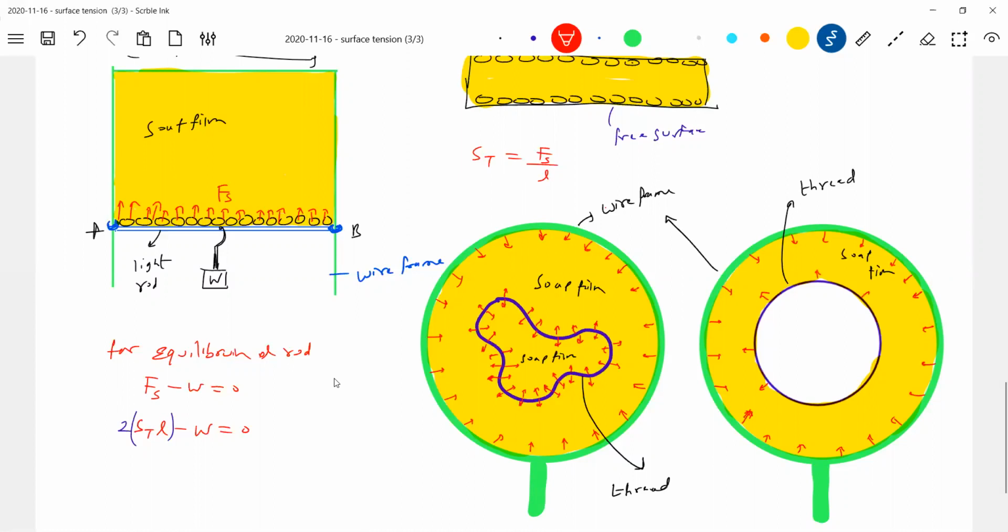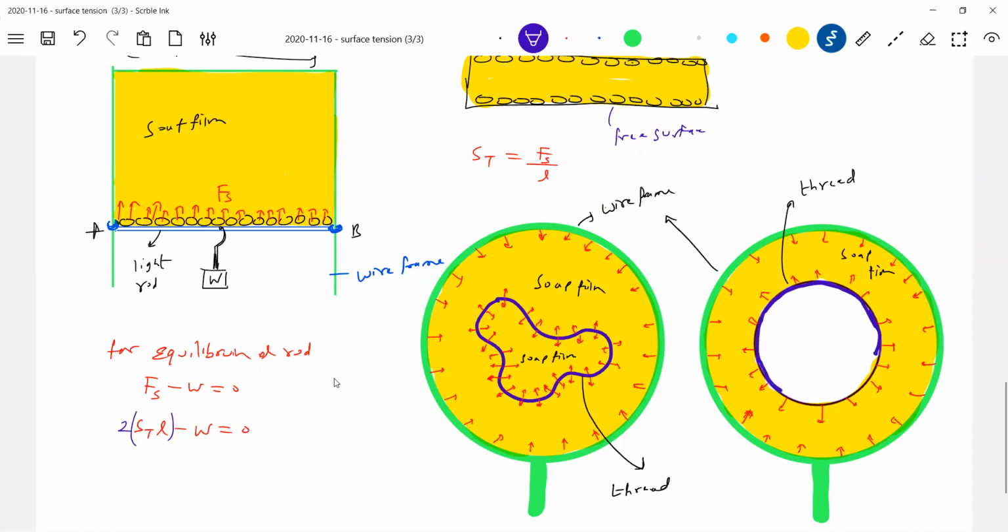I'm just showing only a few points, but it will be at all points. This is the state of the thread here. I'll show it a little bit thick.